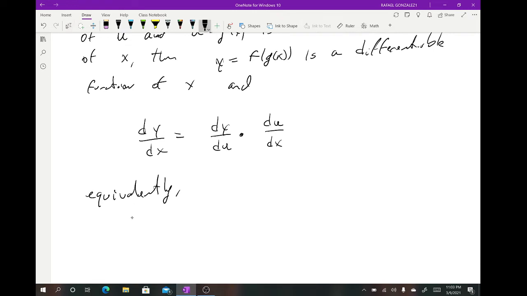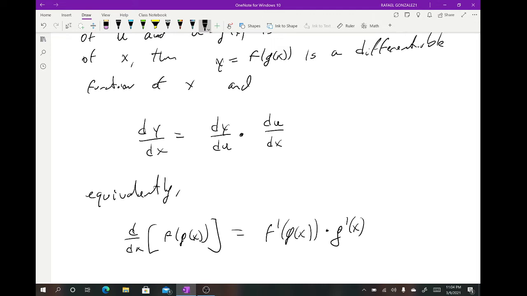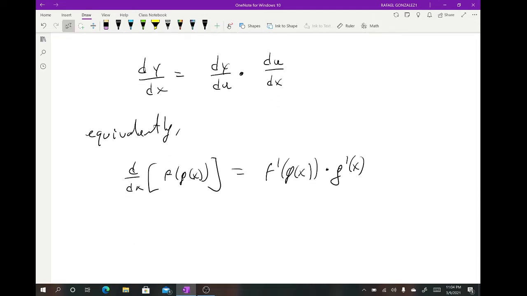We can say that the derivative with respect to x of f of g of x is equal to the derivative of f composed with g of x times the derivative of g of x. Okay, so that's the end of the theorem.